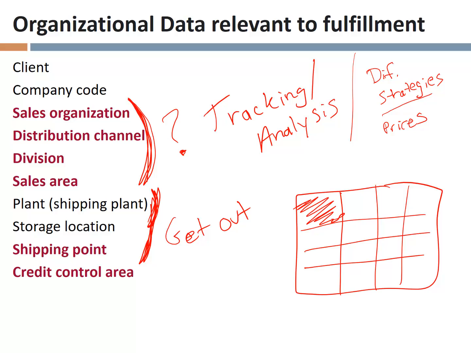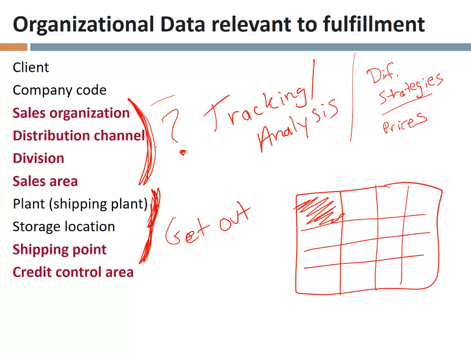We can create rules associated with how things work in a given distribution channel versus a different one, one division versus another division, and a sales organization versus a sales organization. So all of this is about giving us the ability not to view all of our sales as just one big conglomeration, but a way of carving it up.